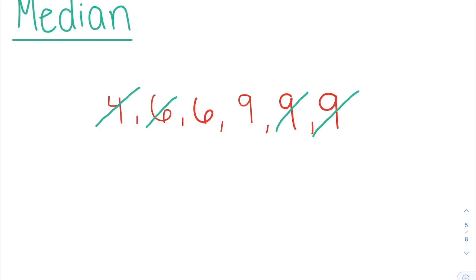You simply just have to average the two remaining numbers in the middle. When you average them, you're basically finding the mean of those numbers. So let's do that. We are going to be doing 6 plus 9, which is equal to 15.